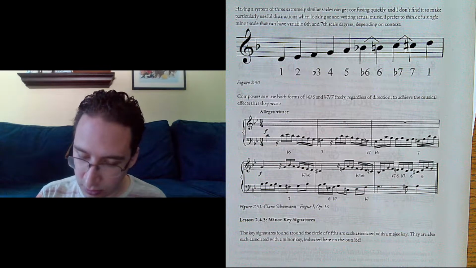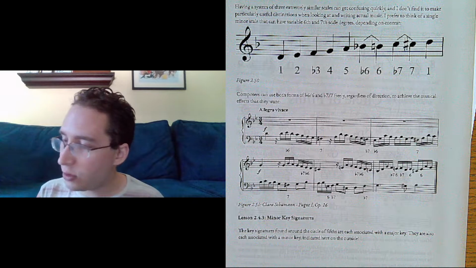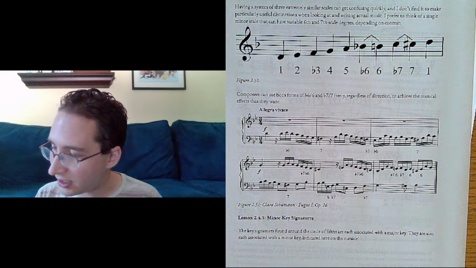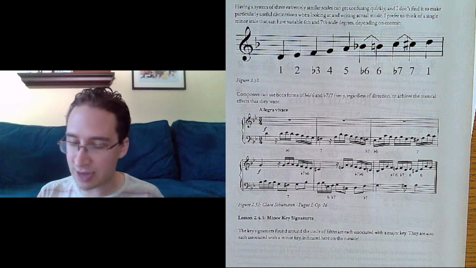So, I'm just going to move my keyboard over. So this is from Fugue by Clara Schumann. I'll just play the left hand for right now. Here's starts with, actually I'll give you a key first.